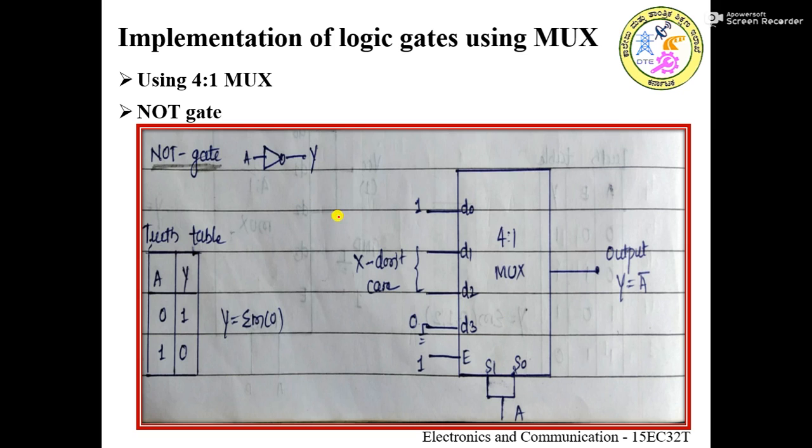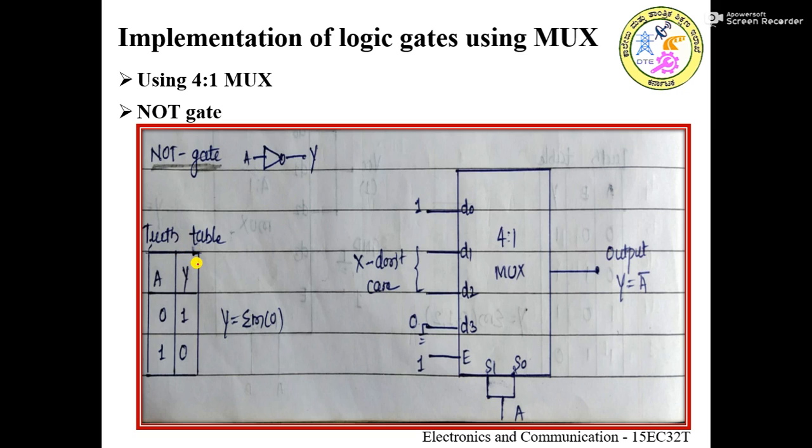There is a mismatch in the number of inputs and select lines. We can achieve the functionality by short circuiting S1 and S0, and a common input is taken. Whenever they are clubbed with each other, I get a single select line, which is mapped with A.